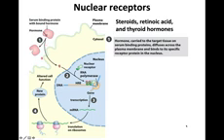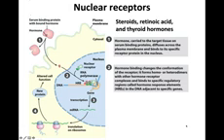Once the target tissue is reached, serum binding proteins diffuse away, and the hormone, because it is hydrophobic, diffuses through the plasma membrane and into the nucleus and binds to specific receptor proteins as shown here.